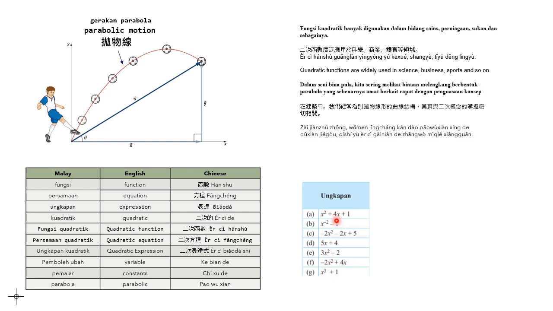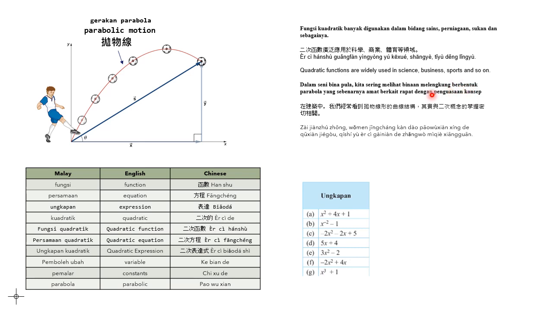So, dalam seni bina pula, kita sering melihat binaan melengkung berbentuk parabola. Parabola in Chinese, we call it as 抛物线, yang sebenarnya amat berkait rapat dengan penguasaan konsep. Okay, the concept of quadratic.